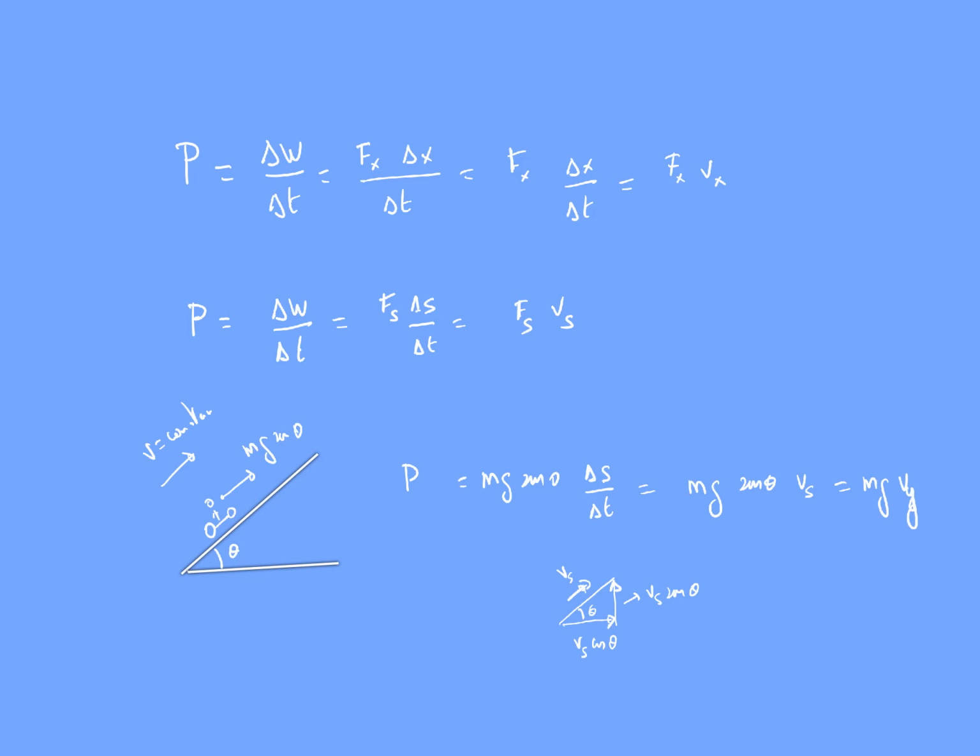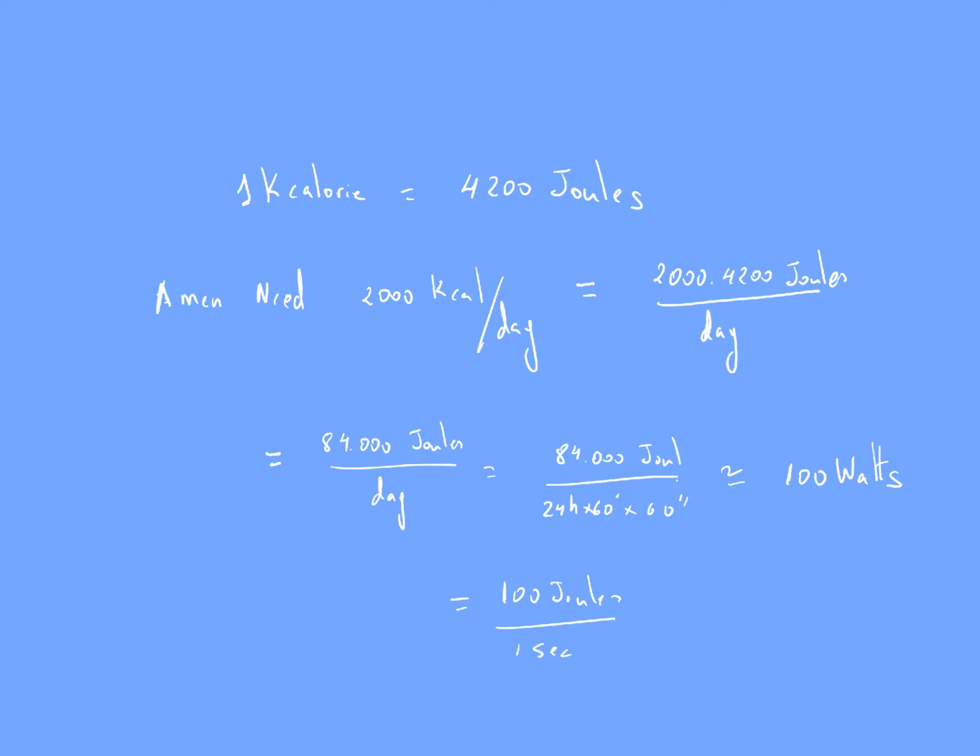If you do it in the s direction, the work is the force in the s direction times the displacement in the s direction, divided by the time, so the power will be Fs times Vs. Let's see, the only thing that remains is that 1 kilocalorie is a unit of energy, and it corresponds to 4,200 joules.